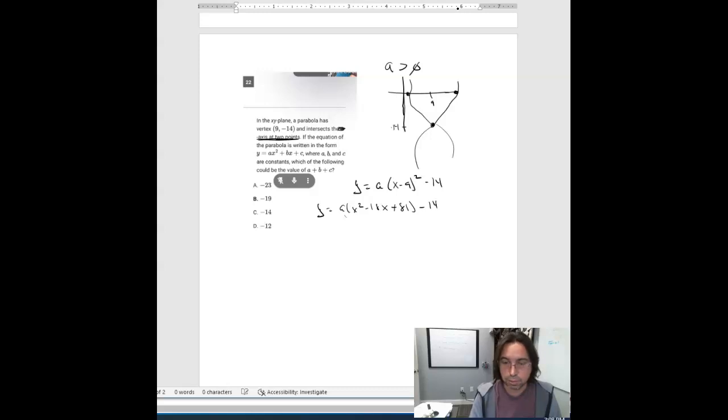And then we have to distribute the A. So that's going to give me ax squared minus 18a x plus 81a minus 14.